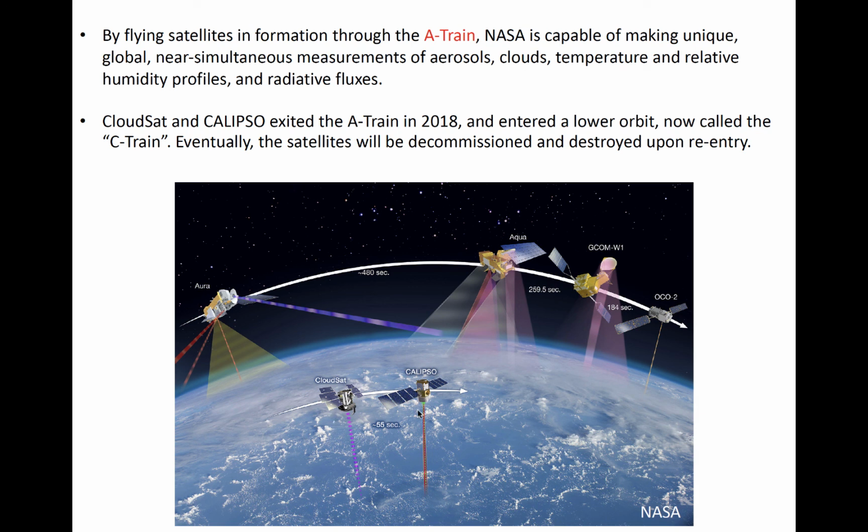The C-Train orbits at a lower altitude and therefore moves at a slightly faster velocity, so these no longer give you coincidental observations with the A-Train. However, they do overlap every 20 days or so. We will see some of the data from these 2 satellites, CloudSat and Calypso, near the end of the course. To start out the rest of the course, we'll discuss geostationary satellite data in the next series of modules.